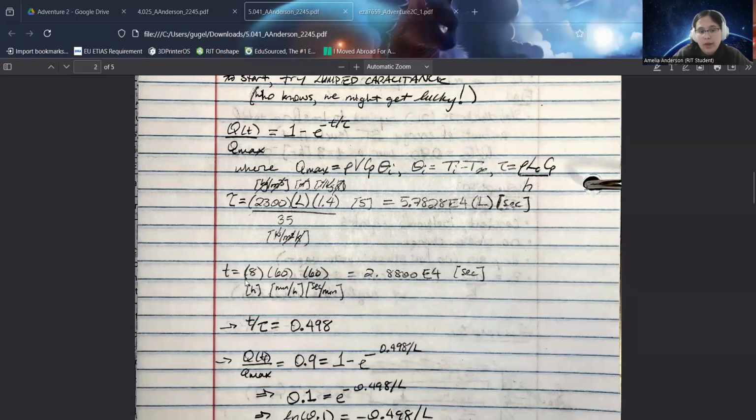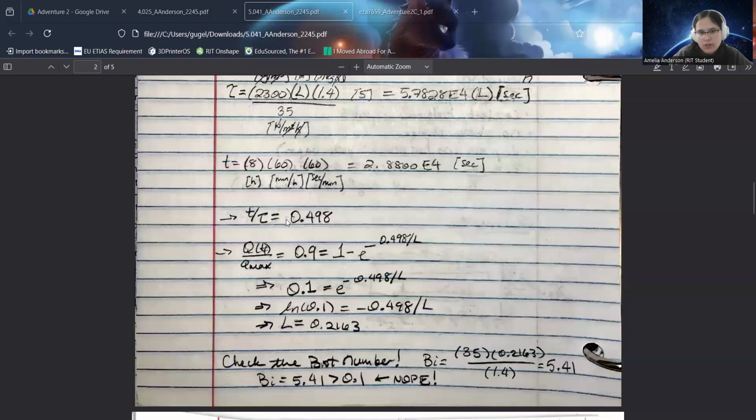The time that we actually want is 8 hours times 60 minutes per hour times 60 seconds per minute, just converting this to seconds. It's 2.88 times 10 to the fourth seconds. So we've got t over tau, which is 0.498 over L. There should be an L there, my bad.